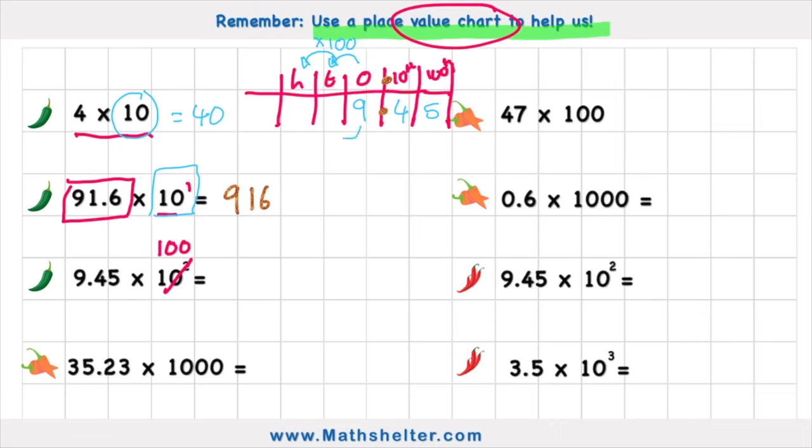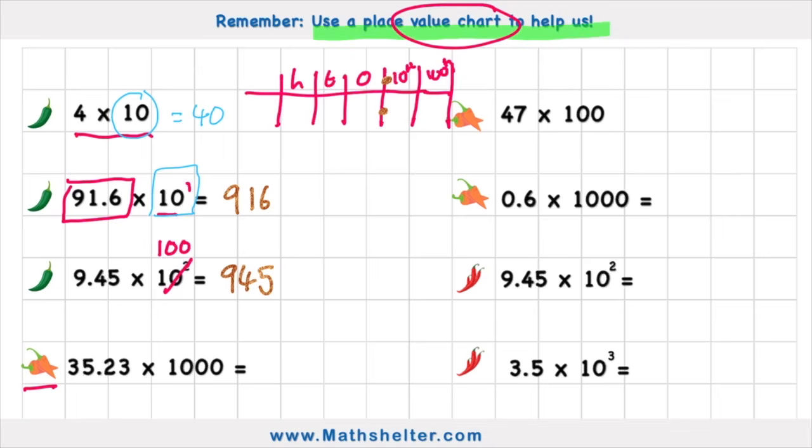So I'm going to move my 9 2 places, and my 4 2 places, and my 5 2 places. And again, I could put my decimal and both placeholders in place if I wanted to, but either way, my answer is 945.